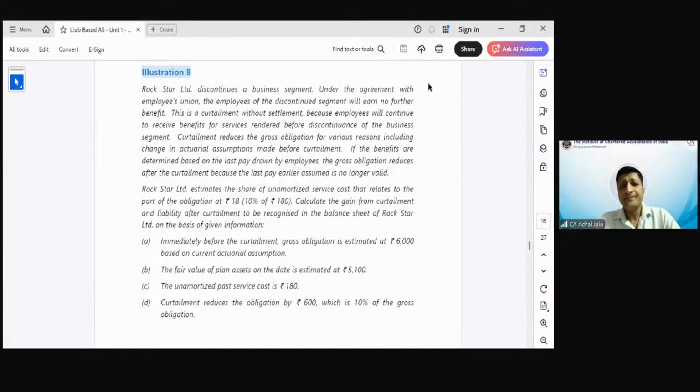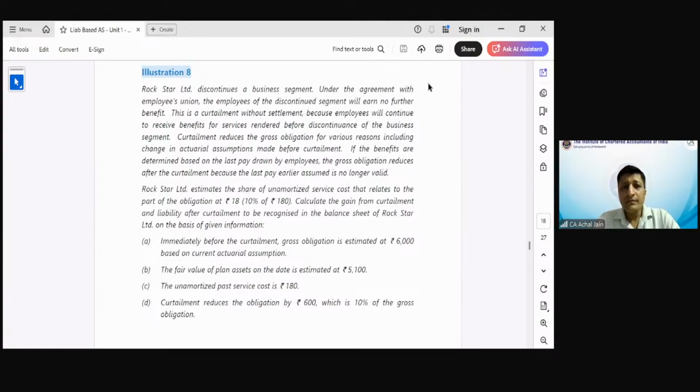Then curtailment reduces the gross obligation for various reasons, including the change in actuarial assumptions made before curtailment. If the benefits are determined based on the last pay drawn by the employees, the gross obligation reduces after the curtailment because the last pay earlier assumed is no longer valid.